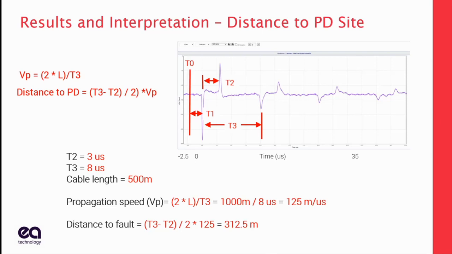That action may be replacement, it may be offline testing, it may be living with it, because I know I've got redundancy. Whenever you can get a distance to a PD event in online testing, that's just a bonus. It makes your life a little easier, but that's not really the goal. The goal is to screen high volumes of cables easily and quickly.